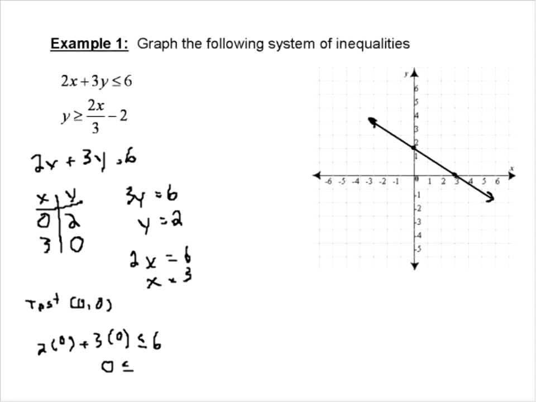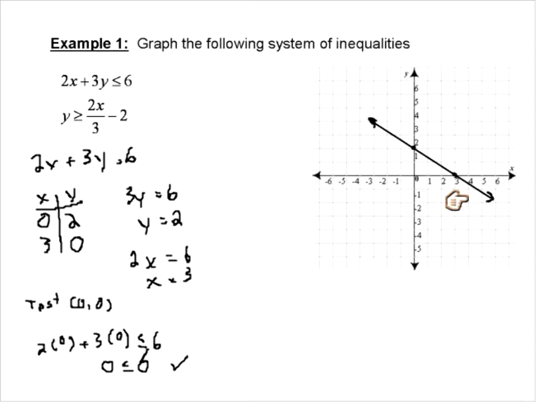So is 0 less than or equal to 6? This is a true statement. If it's a true statement, then we shade where the test point is. Our test point is at 0, 0, so we're going to shade the region below the line.